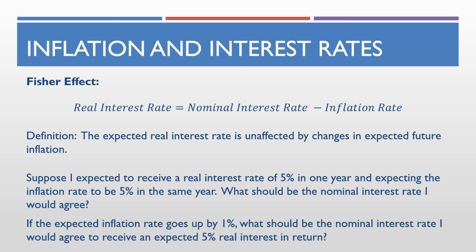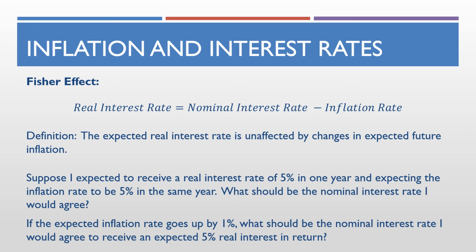Well, if the expected inflation rate goes up by 1%, my expected real interest rate is still 5%. That means, well, now I have 1% more of prices that will go up. When I'm getting back the money in return, I will get 5% additional. So if you have this expected inflation rate go up by 1%, the nominal interest rate minus the 1% should equal the 5%.